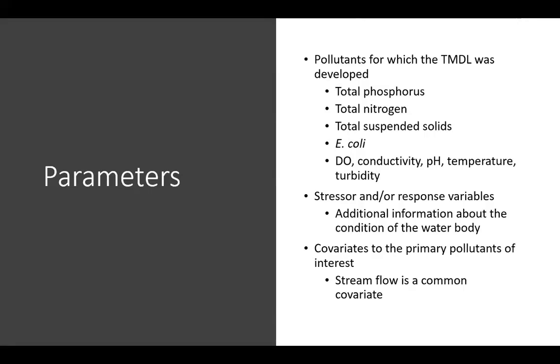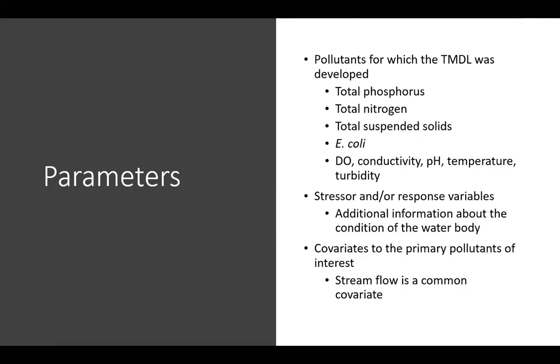Look at total suspended solids, E. coli, and commonly dissolved oxygen, conductivity, pH, temperature, turbidity. Notice these are a lot of the same parameters that you've been measuring this semester. They're similar parameters to what you measured when you did Lab 3 and you were sampling in a body of water.